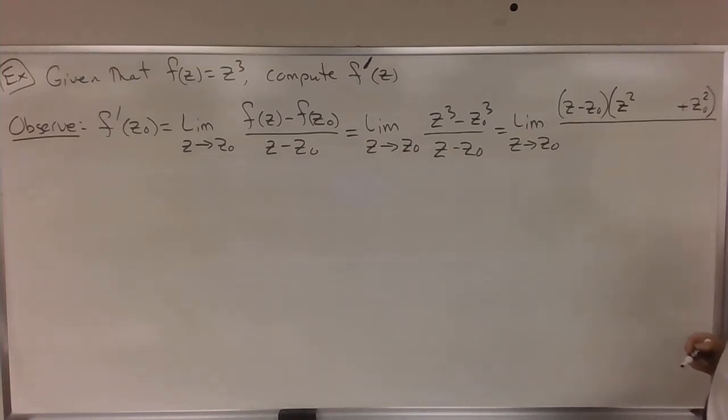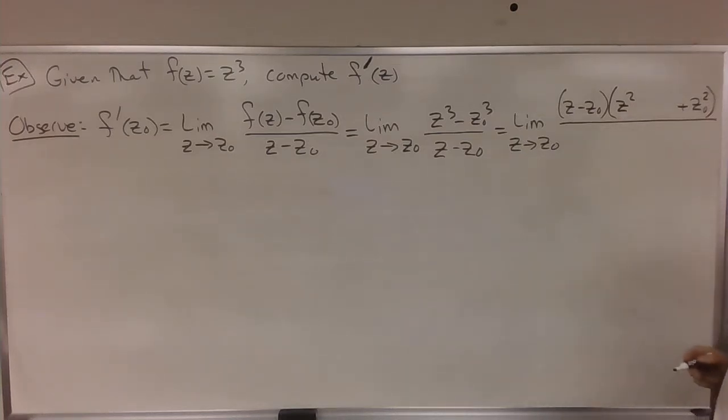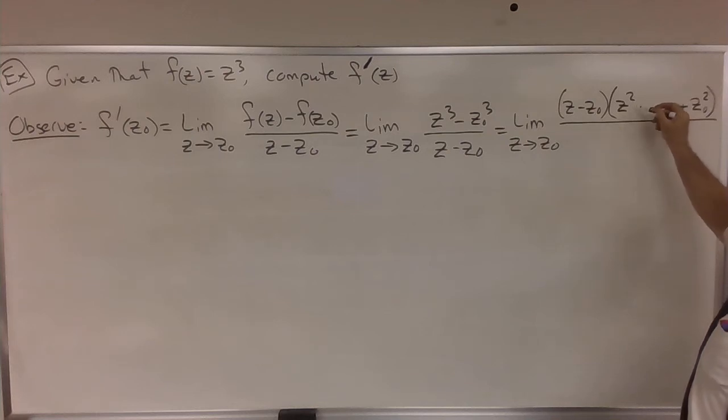And let's see now. I have z naught times z squared, negative z naught times z squared. So it looks like I'm going to need a positive z naught times z squared. So let's see.